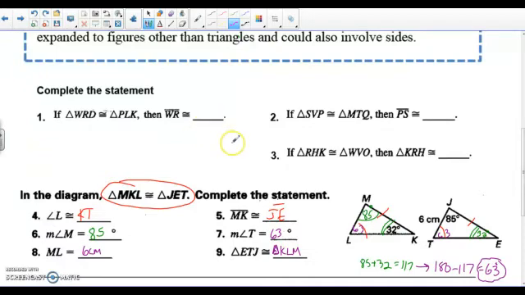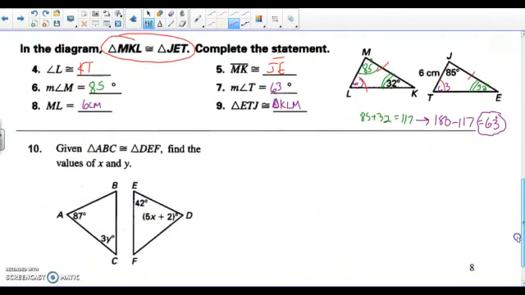For number 9, I just wanted to write those triangles with their corresponding parts matching up. So ETJ matches up with KLM. So that's the main idea. We want to find those pairs of sides and angles that correspond, that match up.